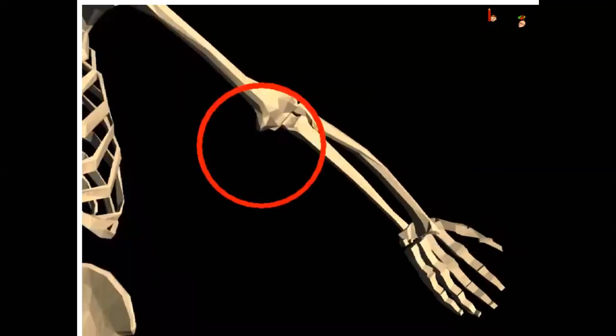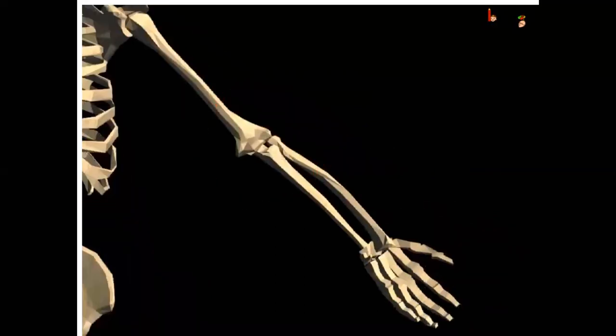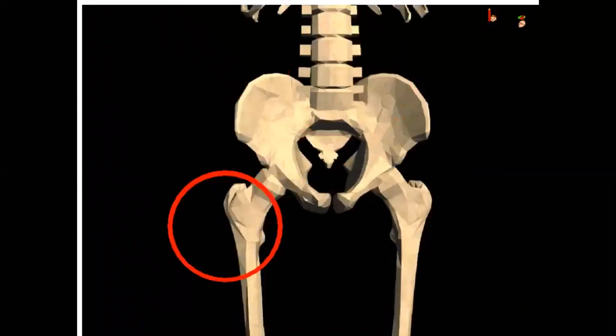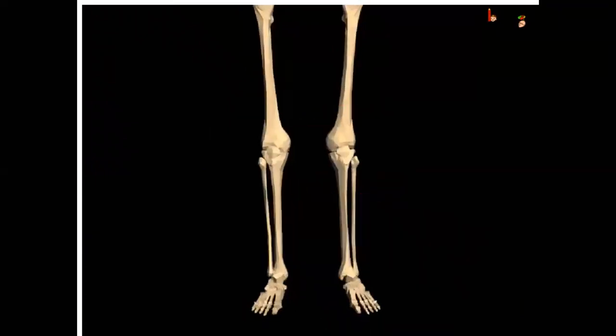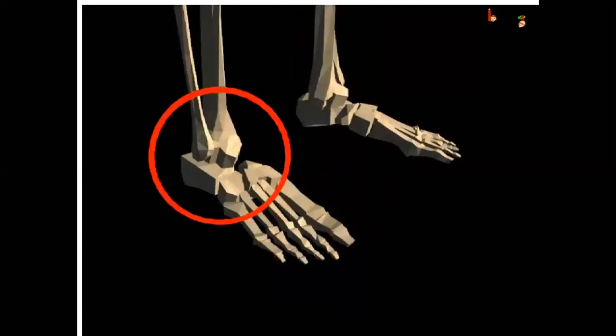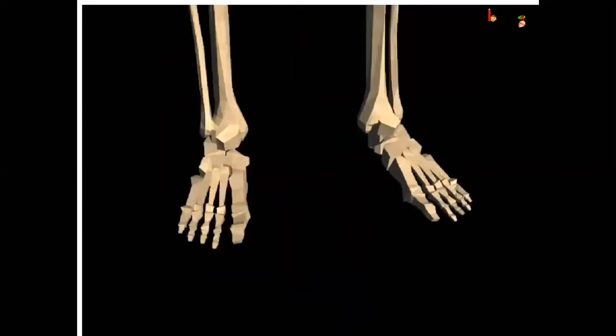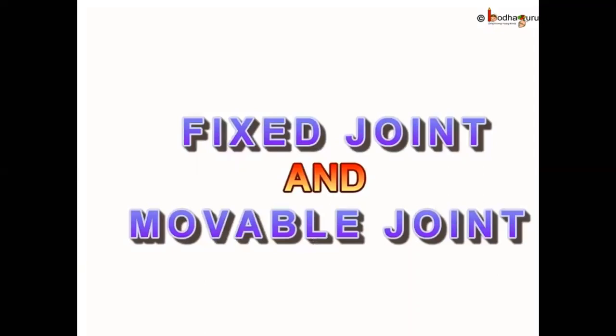Let us observe the joints: ball and socket joint, hinge joint, pivot joint, and gliding joint. Where they are located and how they move from one place to another. Generally we have two types of joints: fixed joints and movable joints.